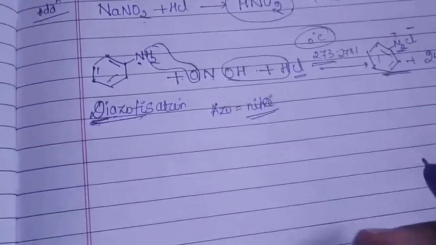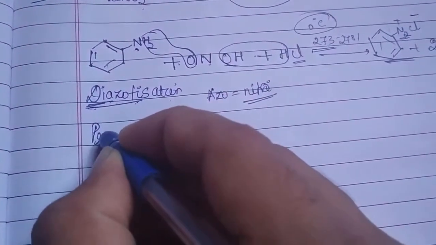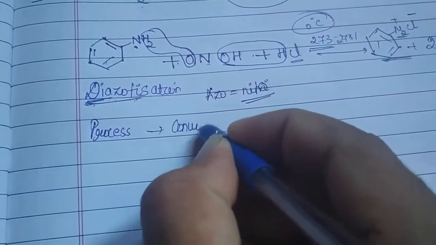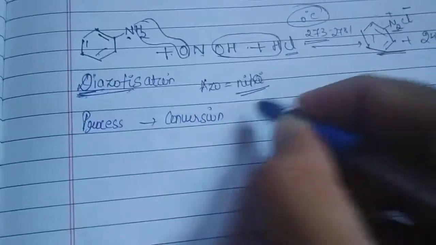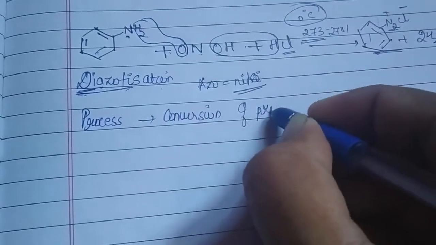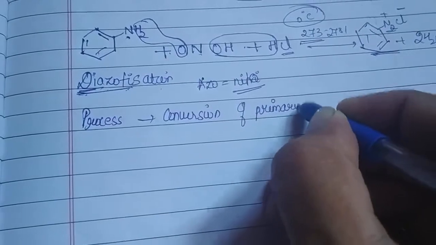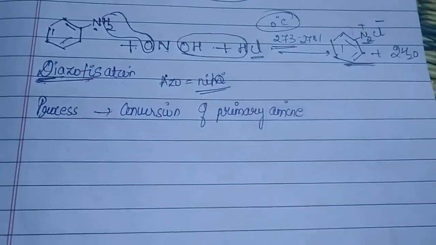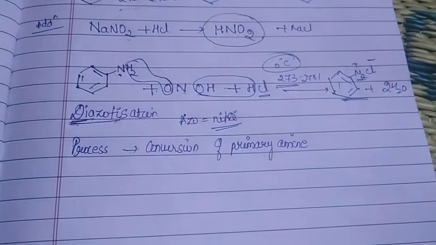So diazotization means what? It's a process of conversion of primary amine. I have explained what do you mean by primary amine when I was taking my Sandmeyer's reaction.